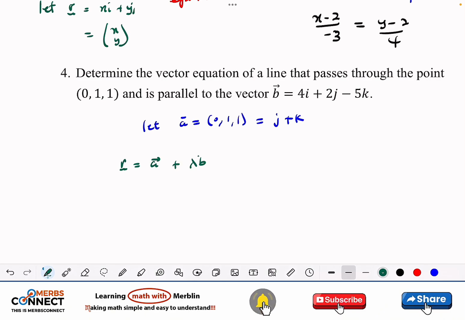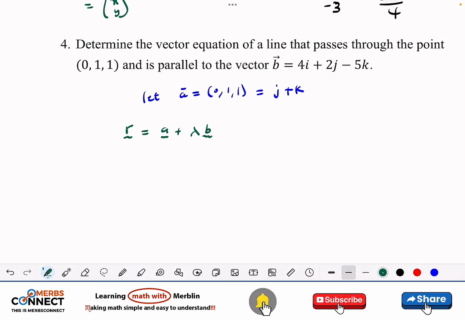Now I'm adding the b to this because b is parallel, right? So this is a plus lambda b. Always check before you do it. So this is going to be j plus k plus lambda (4i plus 2j minus 5k).